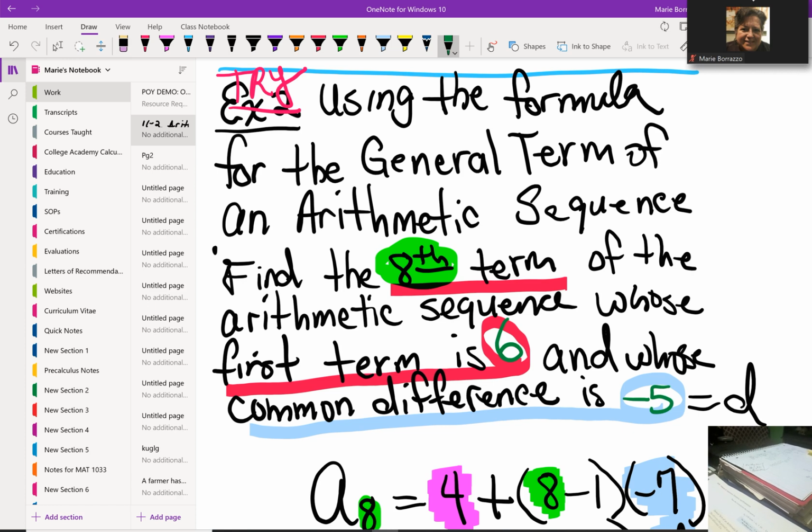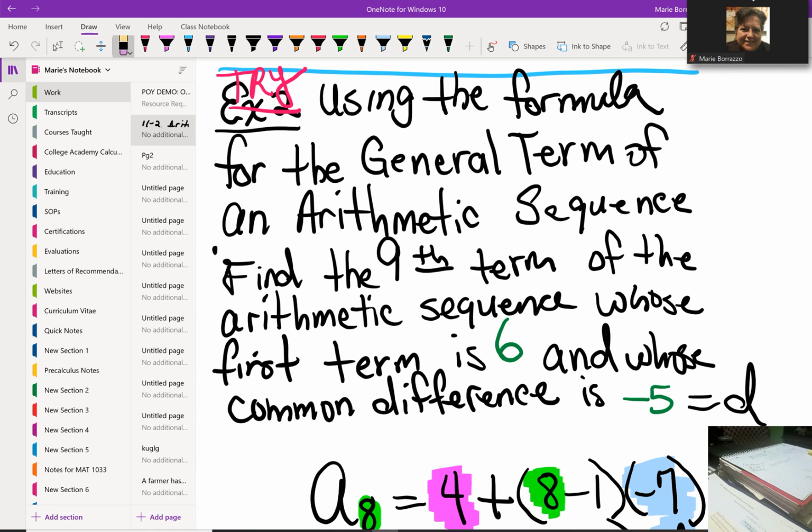And in this case, we want to find the 9th term. Not the 8th term, the 9th term. That's the only change that we have in this particular set of examples.